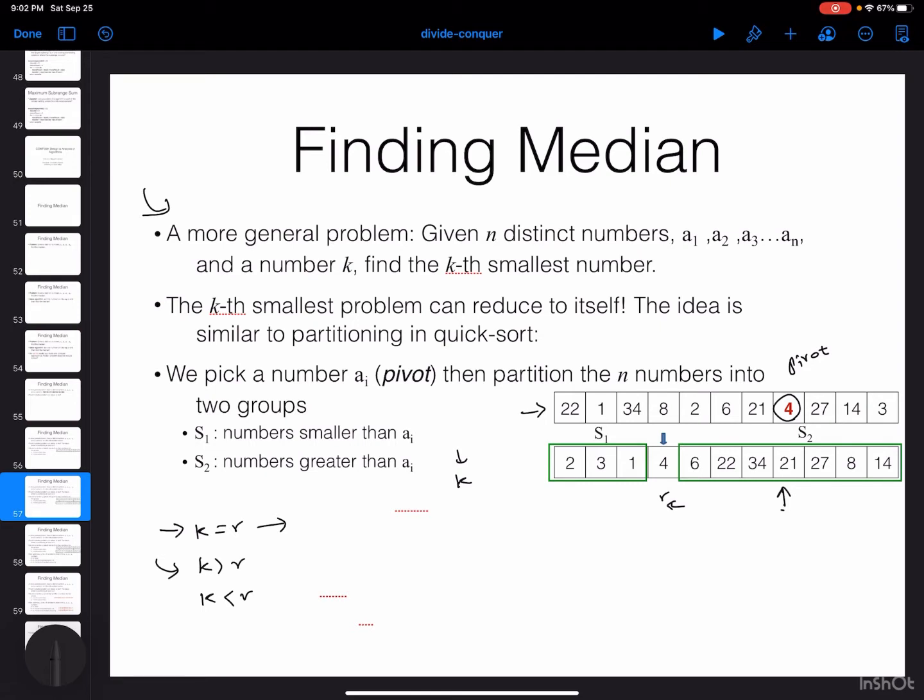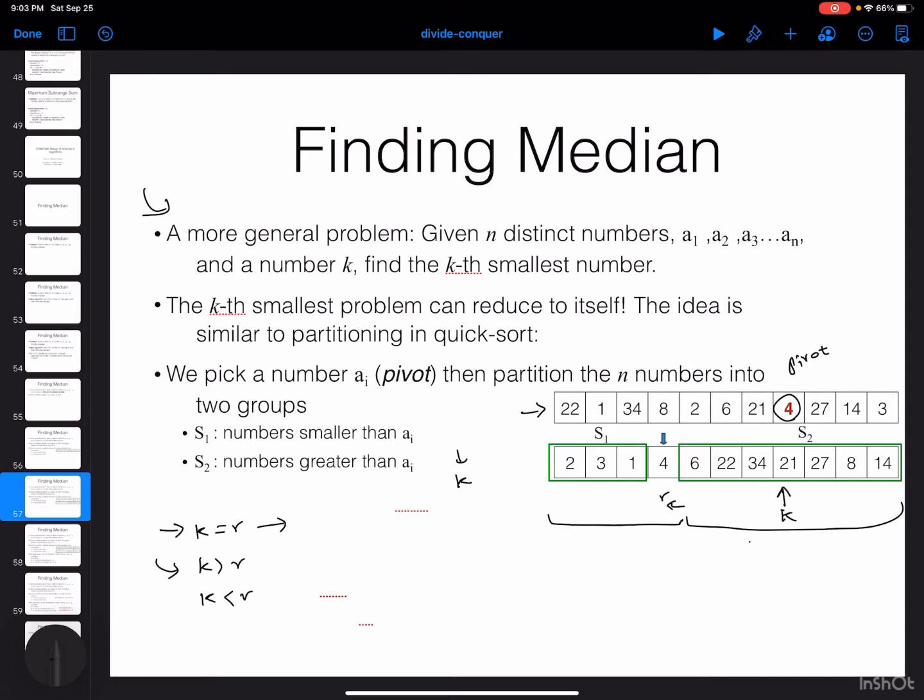If I'm looking for k greater than r, that value will be in this side of the array, and the r items will be removed from the problem.